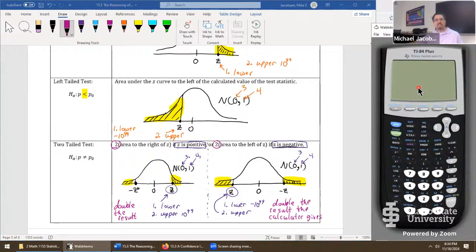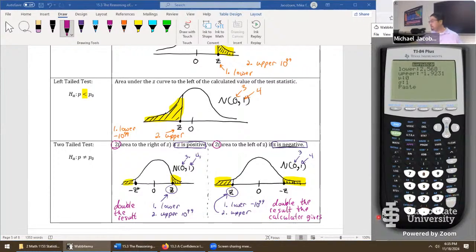Okay. Let's actually put one in just as a random example. So let's suppose our z came out, let's say the positive picture. Maybe z was 2.568 is what we found in our calculator. So imagine that value is at 2.568. We'll go second bars, go down to normal CDF, put 2.568 here.